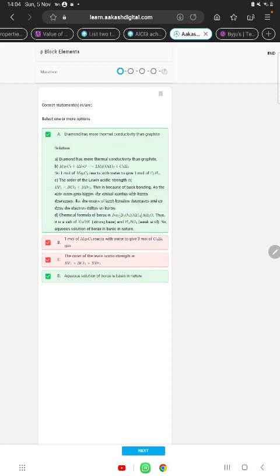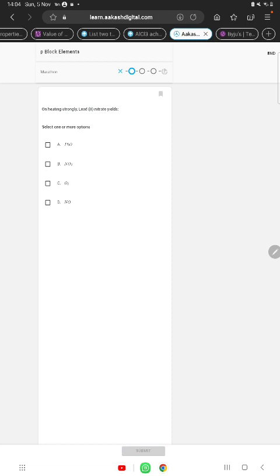Aqueous solution basic. Diamond has more thermal conductivity than graphite. On heating strongly, lead nitrate yields PbO, NO2, O2.